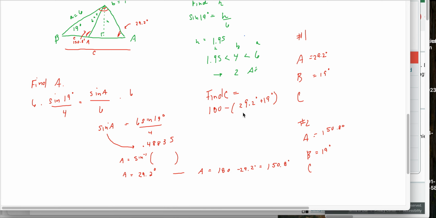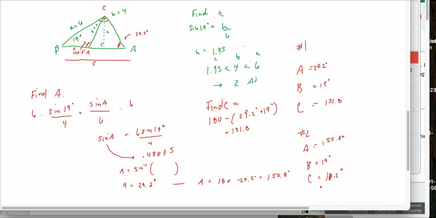I'm just going to subtract that sum from 180, which will give me 131.8. So that would be this angle C. And then to do the same thing for the other one, add 150.8 and 19, subtract that from 180, and we get a C value of 10.2 degrees. Okay, all right, so now we have all of our angles.